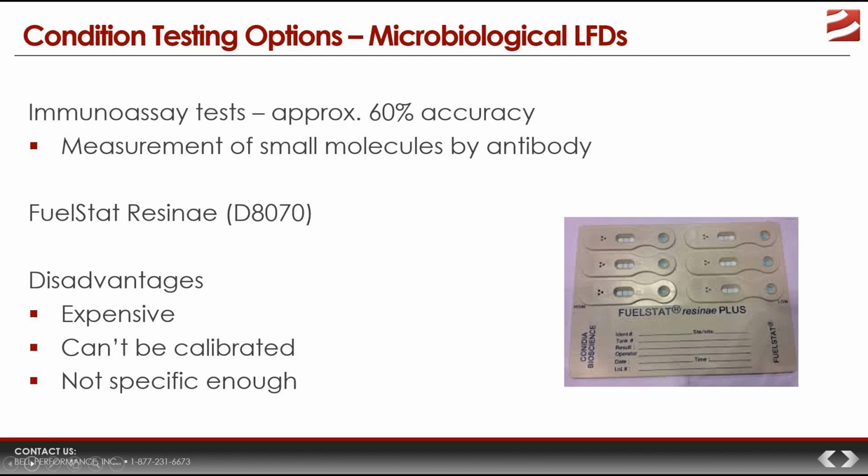It just gives you a range, and unfortunately, having executed a number of these tests, it can be confusing to properly interpret. And then lastly, it's expensive. It's between $100 and $150 a shot, and especially if you can't calibrate it, that's an awful lot of chunk of change to go down the drain if you do it wrong or if the test has gone bad. And the problem is you wouldn't know if it went bad.